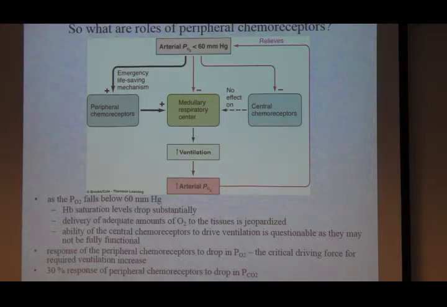Here, we have a situation where arterial PO2 begins to drop. Now, if arterial PO2 drops from, let's say, 100 to 90 to 80, the peripheral chemoreceptors aren't stimulated. They are only stimulated when arterial PO2 drops below 60 millimeters of mercury.